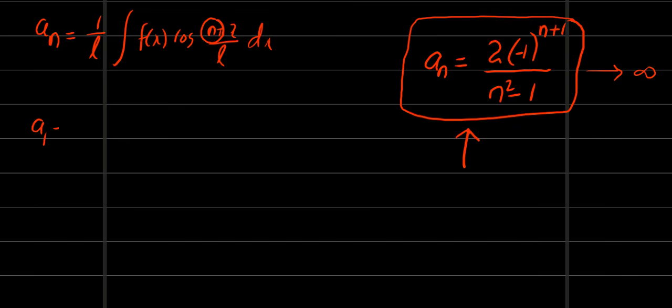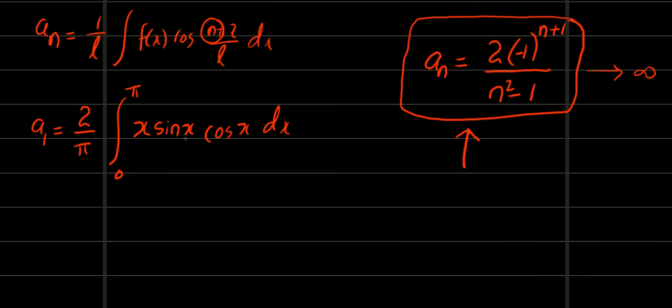So a1 will be 2 by pi, because our problem was even and the limits were from minus pi to pi, and f of x is x into sine x, and the whole thing will be reduced to, because pi and pi will get cancelled, n will be 1, so you're going to get cos x dx.